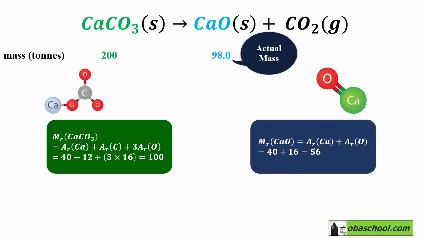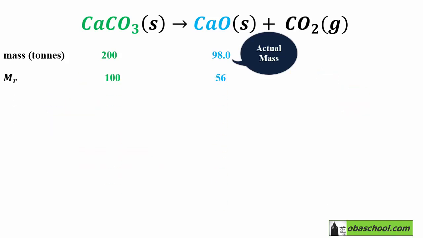Let's check the answer together. The formula mass of calcium oxide is equal to the relative atomic mass of calcium plus the relative atomic mass of oxygen. So it's 40 plus 16, which is equal to 56. So the formula mass of calcium carbonate is 100 and the formula mass of calcium oxide is 56.